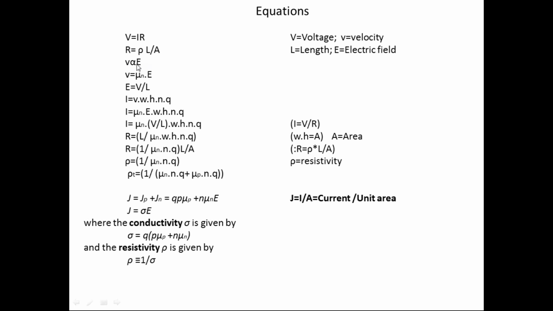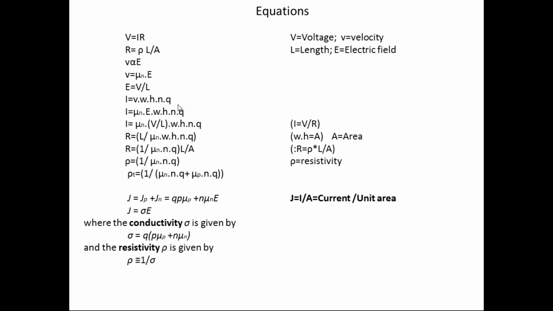To maintain equal units, we include a proportionality constant. v is equal to mu n into E, where mu n is the mobility of electrons or holes, simply the mobility of charge carriers. The mobility of electrons is 1350 centimeter square per volt second, whereas for holes it is 480 centimeter square per volt second. Again, the relation between electric field, voltage and length: E is equal to V by L.